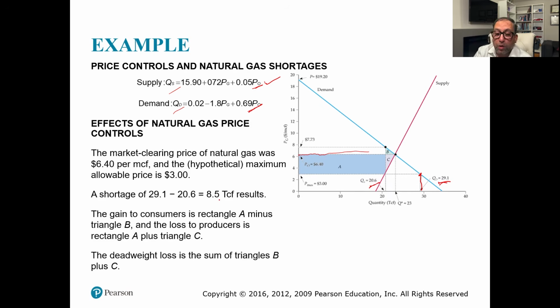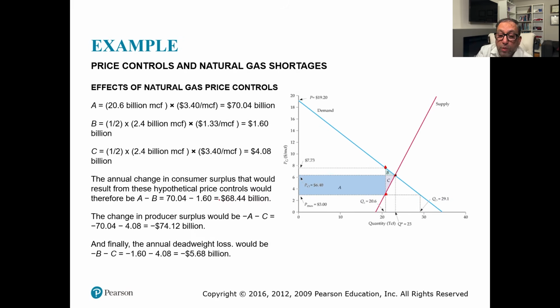So we see a shortage of 8.6. Rectangle A has a base of 20.6 times 3.40, because that's the height of this rectangle.